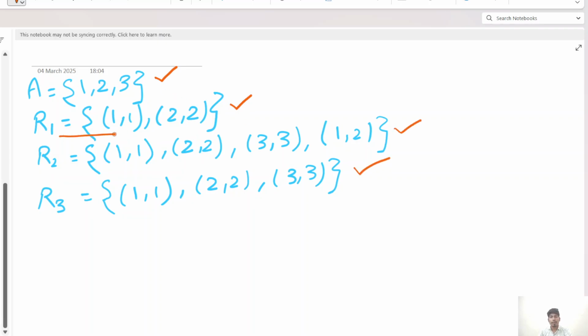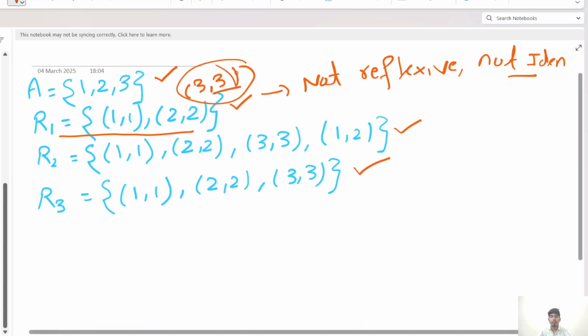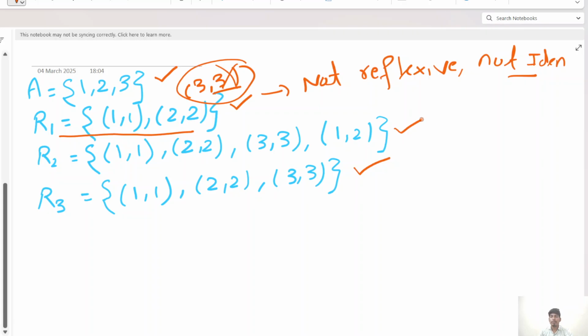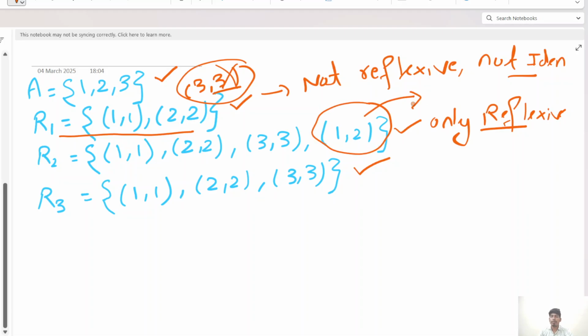This relation R1 is not reflexive and not identity, because (3,3) is not there. This relation R2 is only reflexive, not identity. Why not identity? Because (1,2) is there, so not identity.